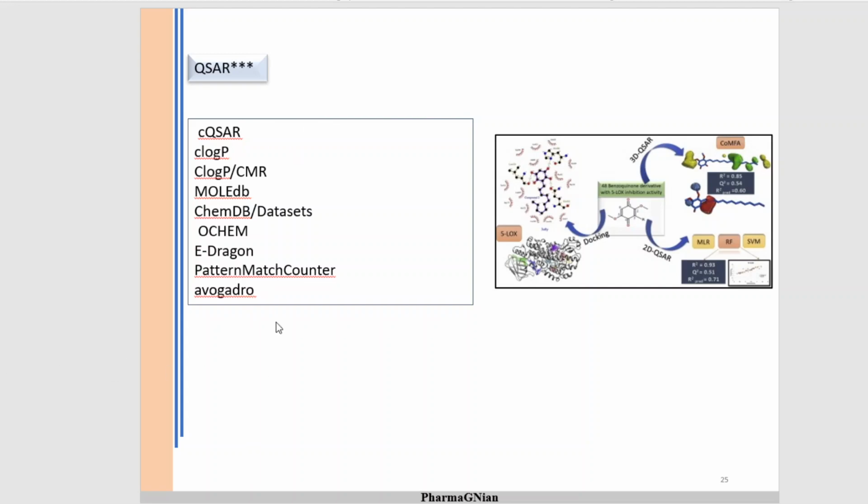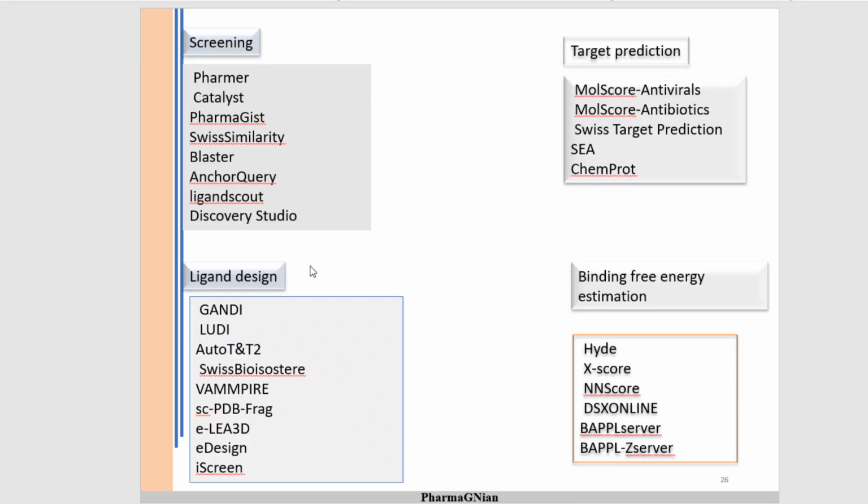I think Avogadro is mostly used, maybe, I don't know right now. These are softwares for screening, for target prediction, for ligand design, and for binding free energy estimation. You should know that these softwares are there for the various techniques.